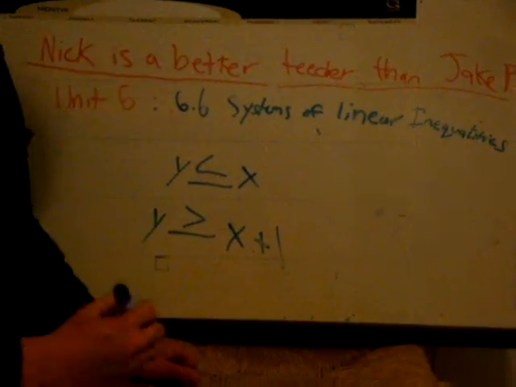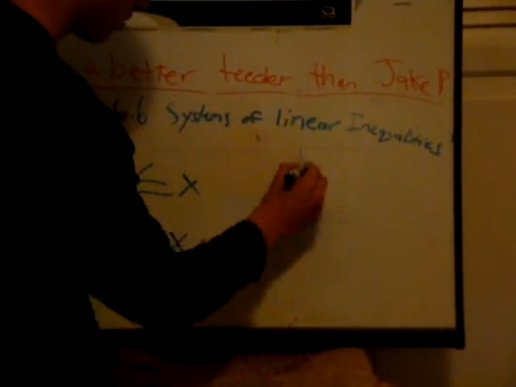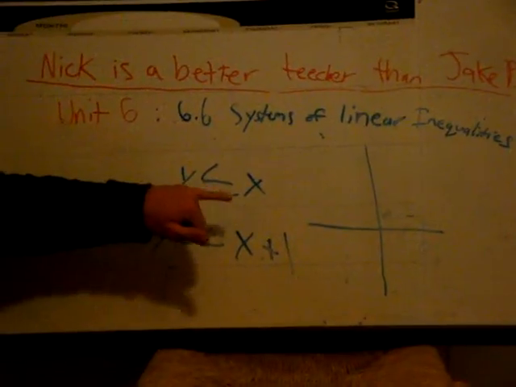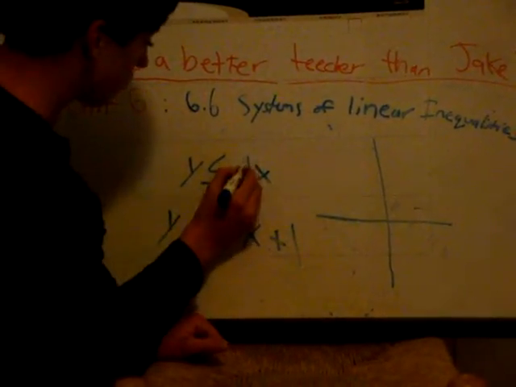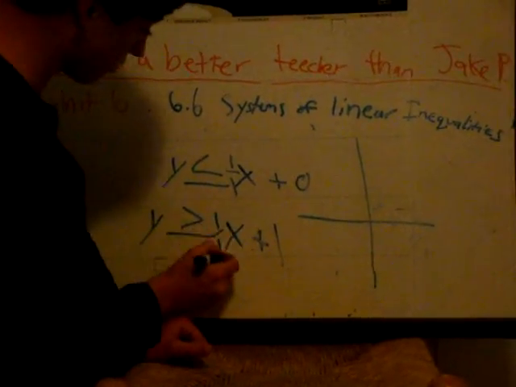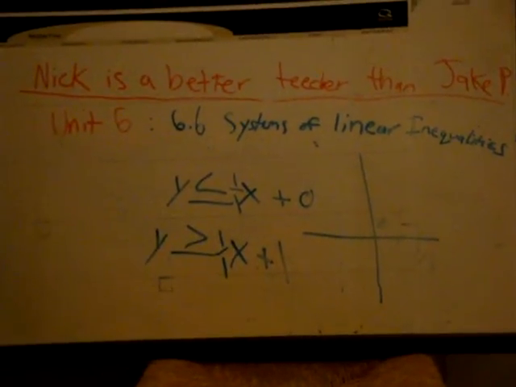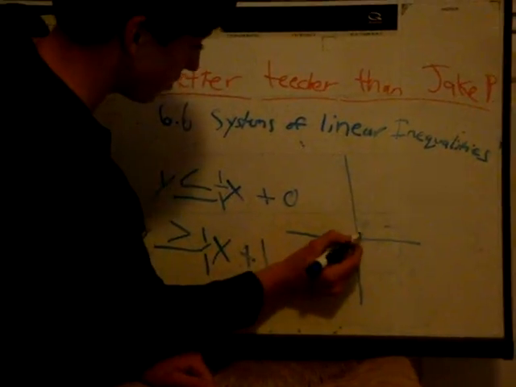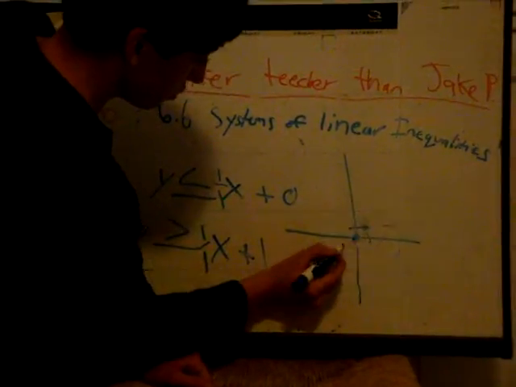Cool. Okay, so now here's our graph. And remember, this is the same as 1 over 1 plus 0. And this is 1 over 1, plus 1. Okay, so let's graph this one first. Here's our y-intercept.